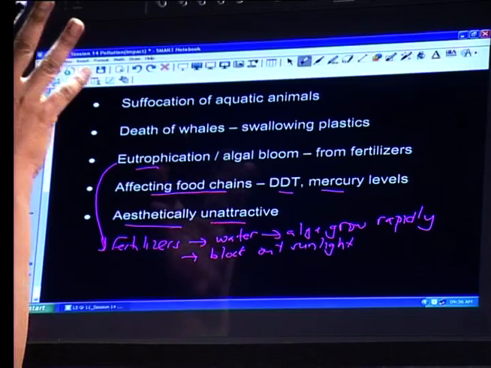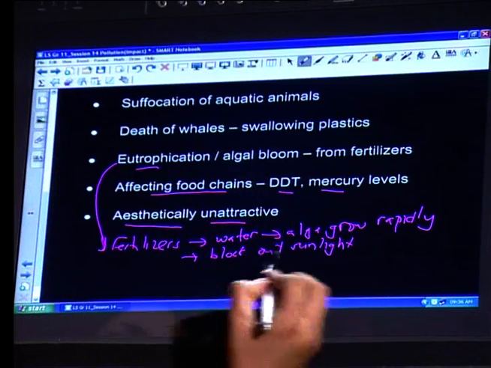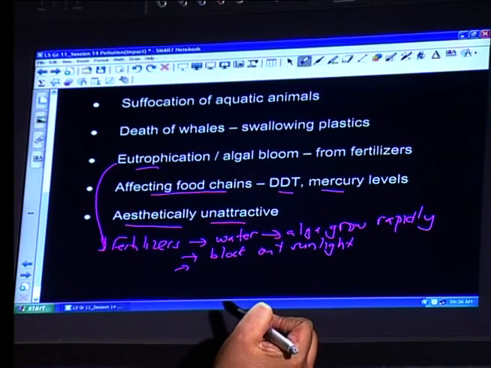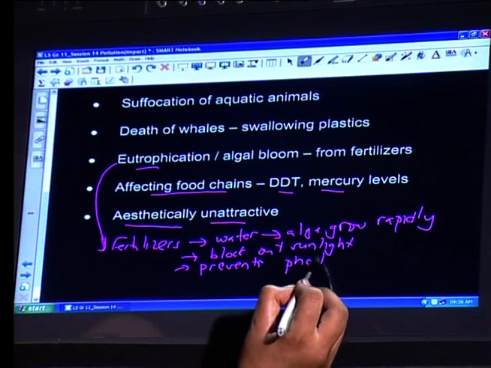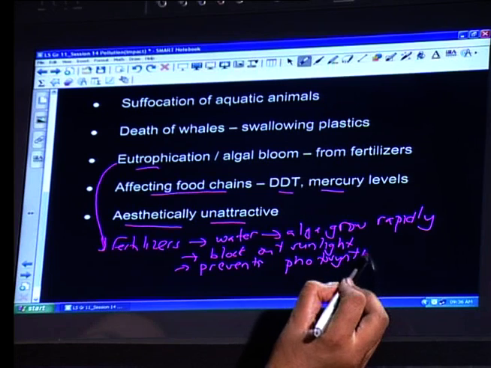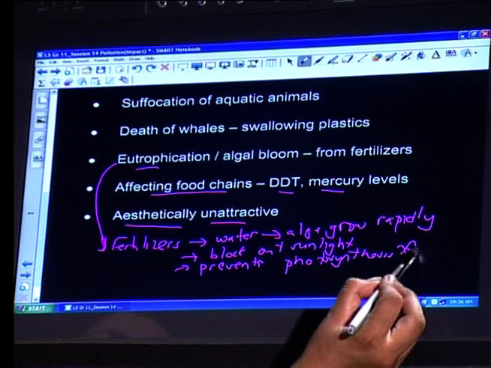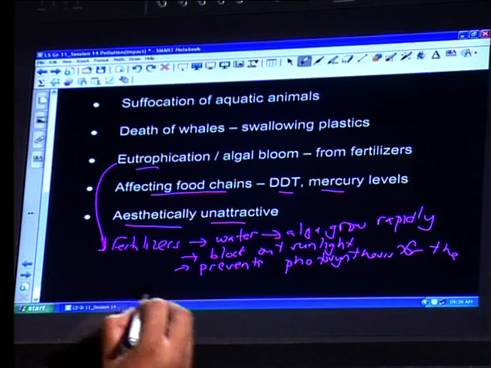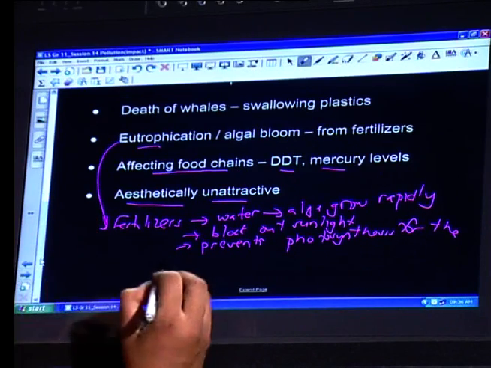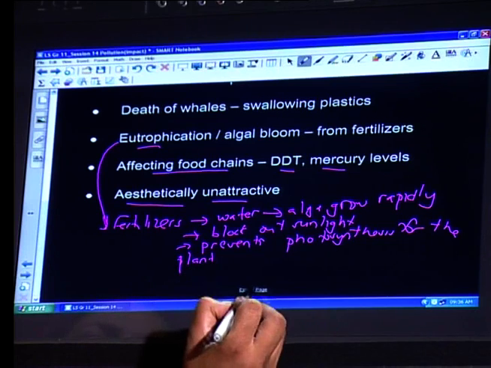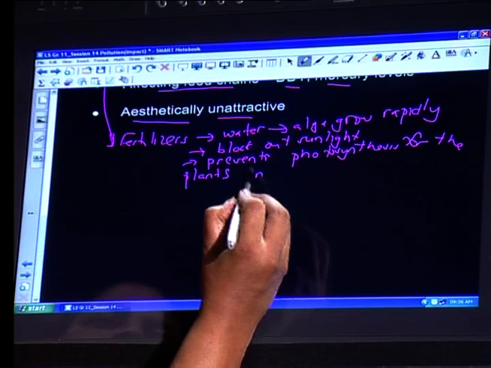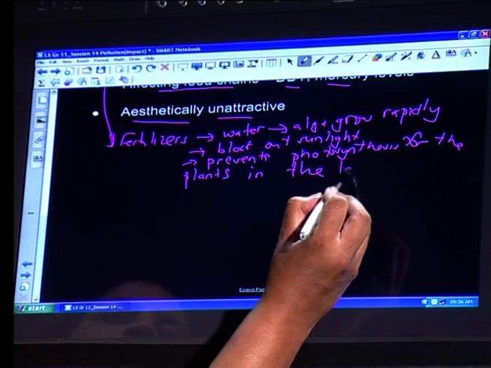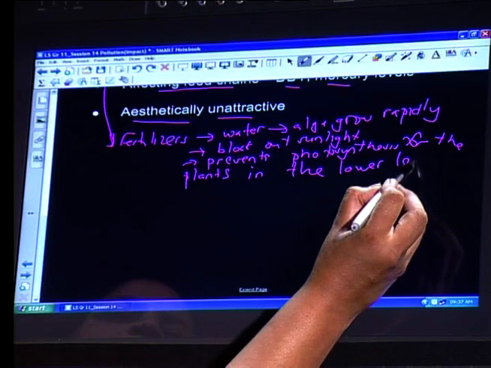So all the algae on the surface blocks out the sunlight. And then what happens? All the plants at the bottom are now prevented from photosynthesizing. So it prevents photosynthesis for the plants in the lower levels of the water.